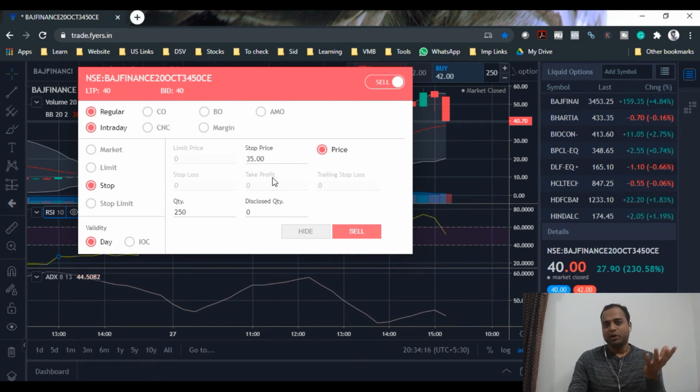You already bought at 38 and now you are creating a sell order with a stop price of 35. When you click sell, it tells the broker to sell the contract when the price comes down to 35. As long as it is above 35, your contract will still remain open. That way you can ensure your maximum loss in the Indian stock market.